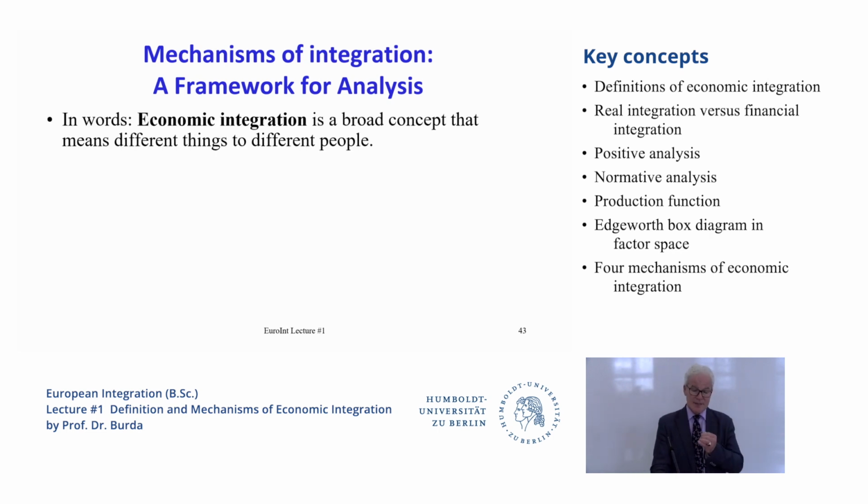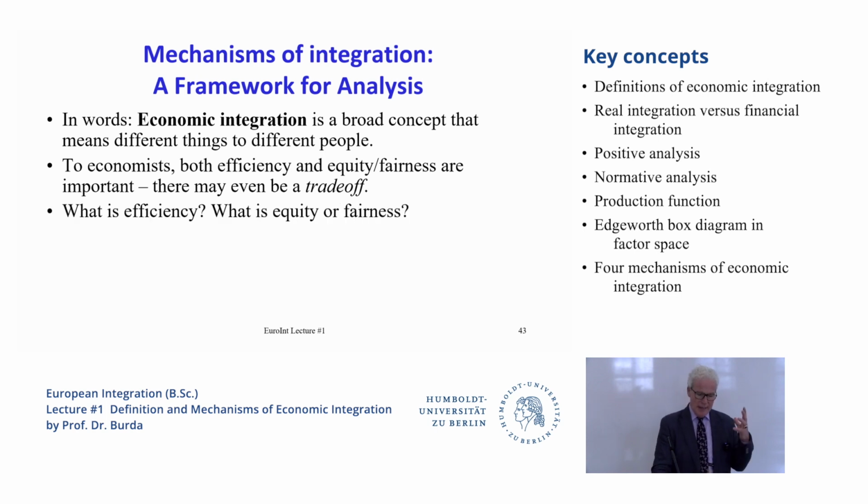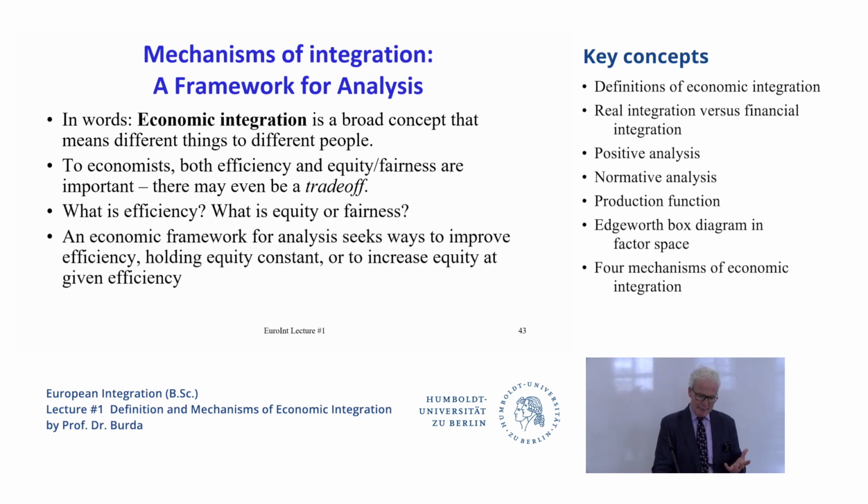So it's a broad concept, and we also have this difference in efficiency and equity. I'm going to talk about efficiency, and I'm going to talk about a framework for thinking about this. So I can always redistribute. If I can get more efficient, I can give some of the efficiency gains to the people who didn't get any of the efficiency gains. I can redistribute. So the first question for me is the efficiency question, right?